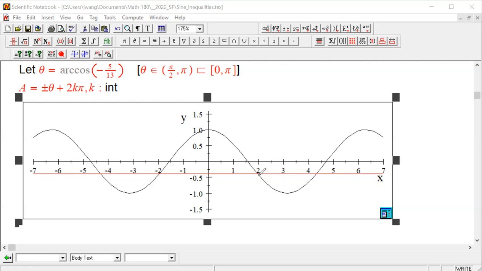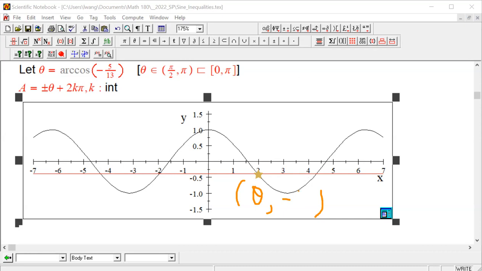You know the point right here, and you know the domain and range of cosine and arc cosine. So from this point, I'm going to put a star, the star point. This one has input and output, right? So how do we mark this point? This point can be marked as theta, -5/13.